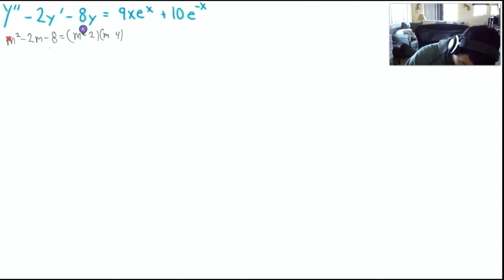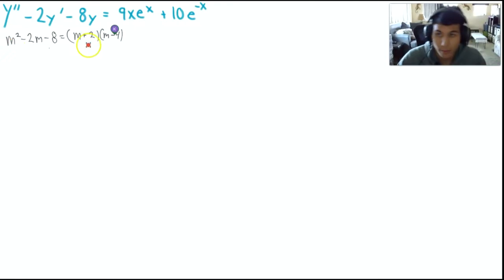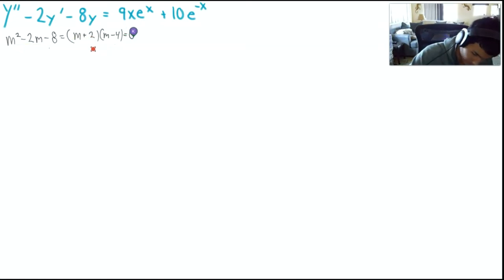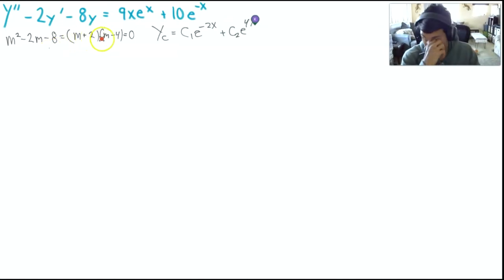It's m plus 2, m minus 4. 2 times negative 4 creates negative 8. 2m minus 4m is negative 2m, and m times m is m squared. So this is the correct factorable pair, and yc is going to equal c1 e to the negative 2x plus c2 e to the 4x.